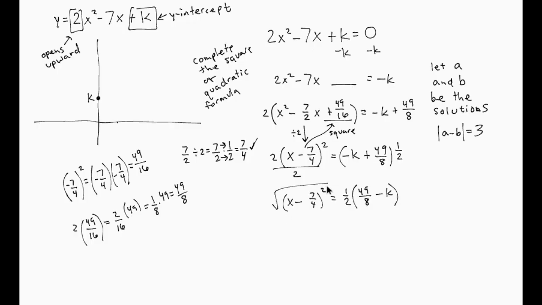Then we'll need to cancel the square by taking the square root of both sides. Then add 7/4 to both sides.